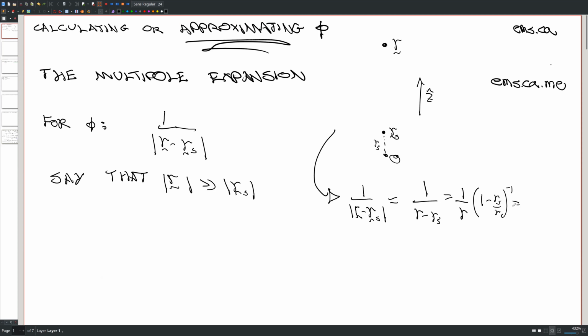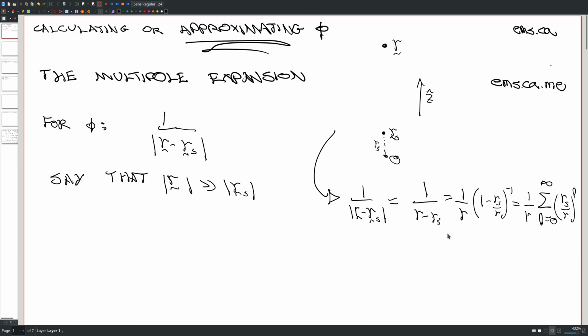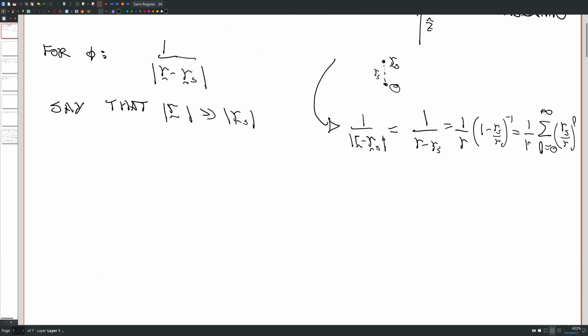Therefore, there is a convergent series for this, which is just 1 over r, and then I do a summation from L equal to 0 of the geometric series, rs over r to the power L. So that's completely legitimate. The only condition is that my observation point r is further away from my origin than the source point. And essentially, that's it. This is the basis for the so-called multipole expansion, and we'll see how that works.